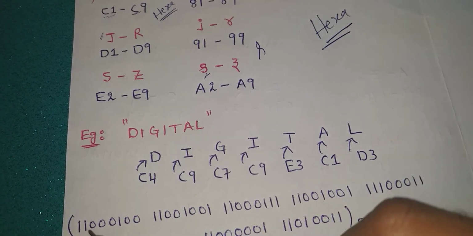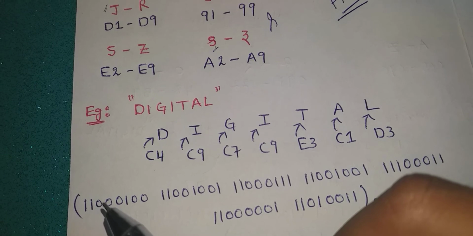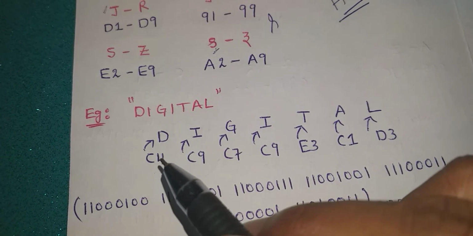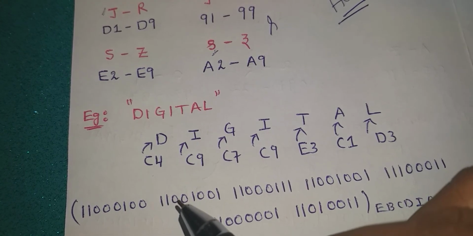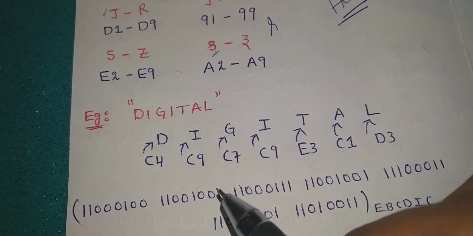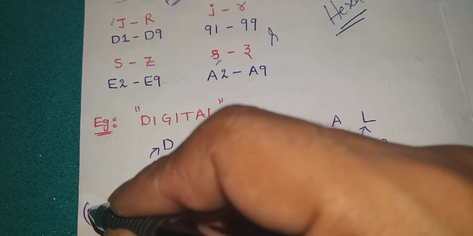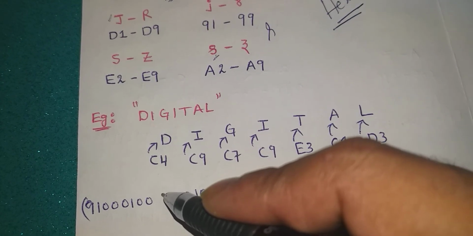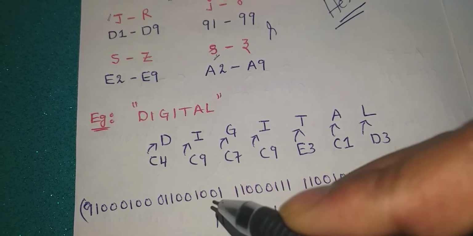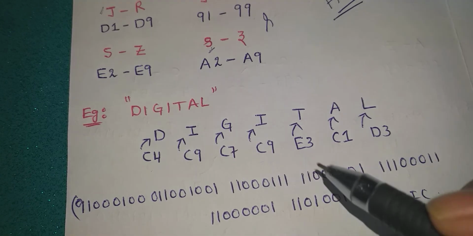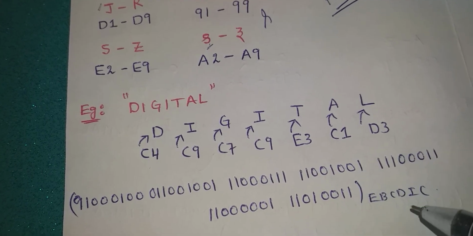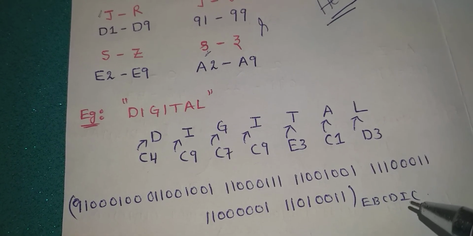Now C can be written as 1100, because C is 12. 4 can be written as 0100. Then C is 1100, and 9 is 1001. If you want, in some textbooks they will keep a 0 here for indicating a positive number. Is it clear? The remaining are as they are: C7, C9, E3, C1, like this. In the suffix you can see EBCDIC code.